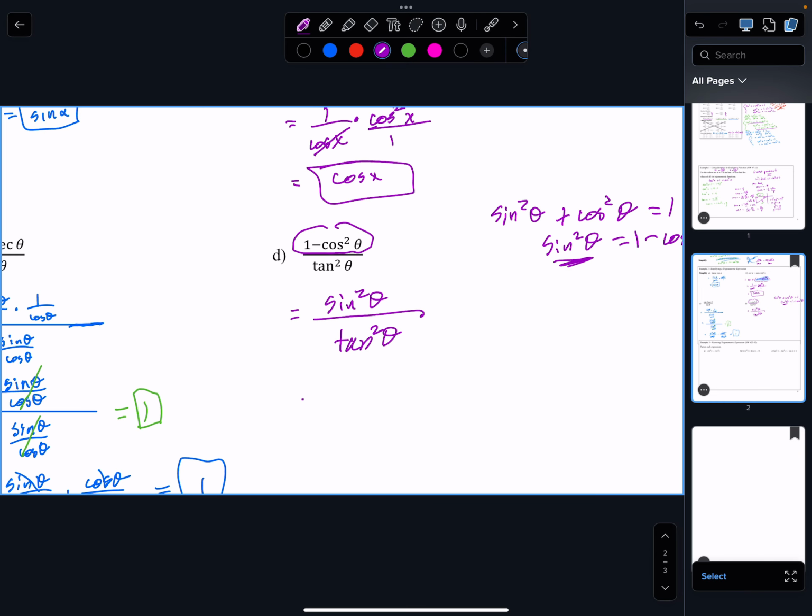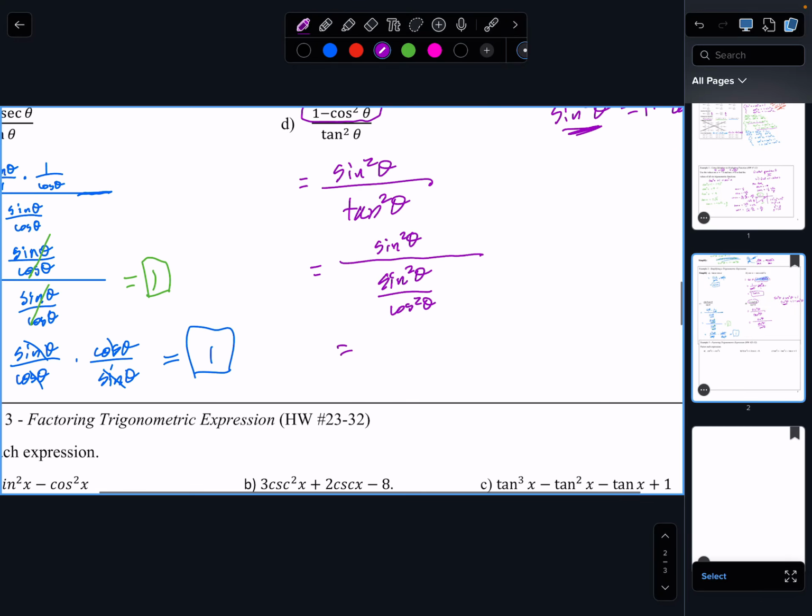And there's not always just one way to do these either. But here, the sine squared, major fraction, and tangent is sine squared over cosine squared. And so then you get your numerator of sine squared times the reciprocal of the denominator.